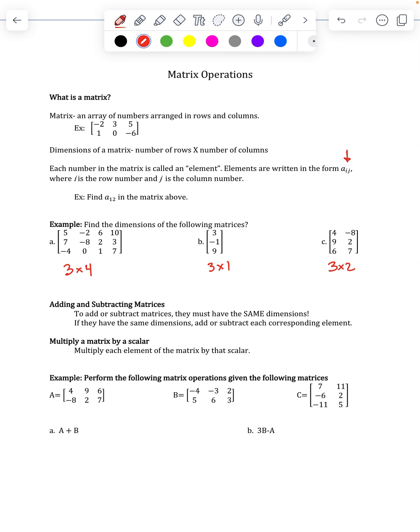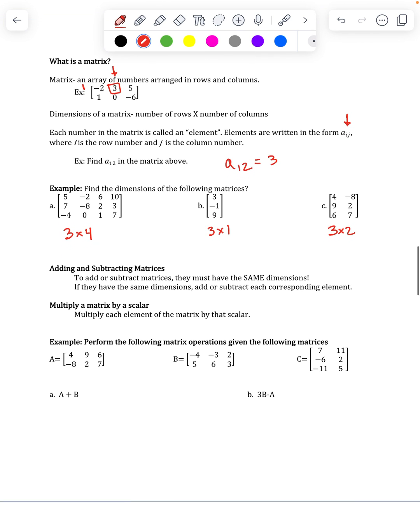So if, for example, I say A12, what that's asking for is row 1, column 2. So the value there would be 3. A12 equals 3.